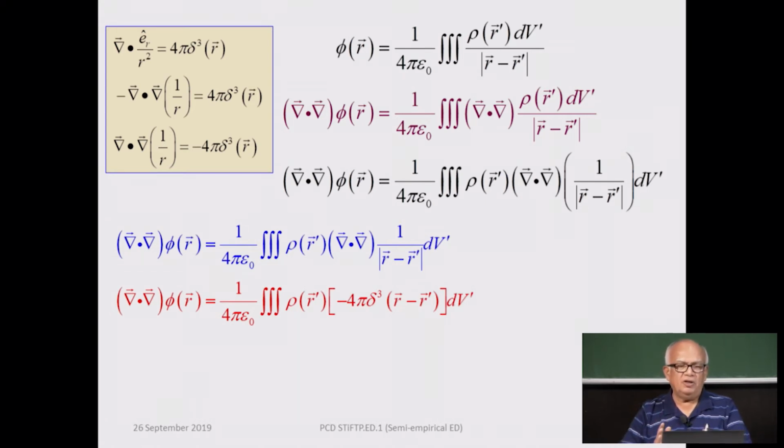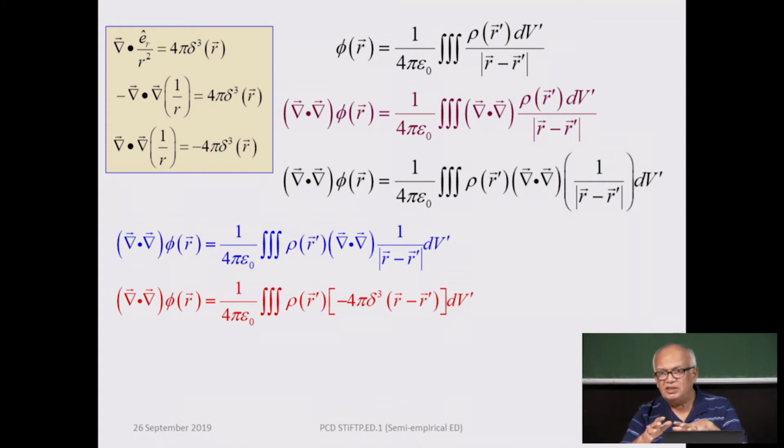So the del dot del operator, which is outside the integration, marches right in under the integration sign, and then you have to take the del dot del, the Laplacian, operating on 1 over distance, which is determined by the modulus of the position vectors r and r prime, which are respectively the field point and the source point. So the Laplacian operating on 1 over distance is again in terms of the Dirac delta.